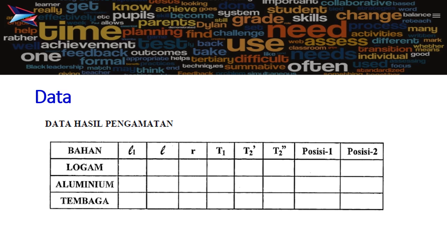T1, T2, and T2 apostrophe are the temperatures initially and after boiling, and position 1 and 2 are the positions of the needle before and after heating. So this is all of the data you are going to use to calculate the linear expansion coefficient for the different materials.